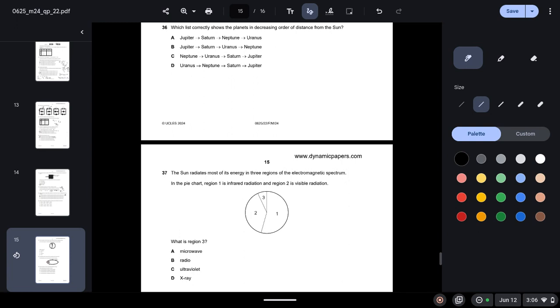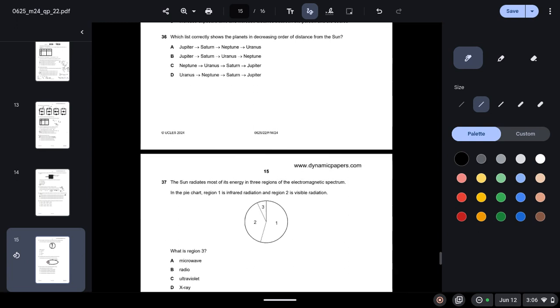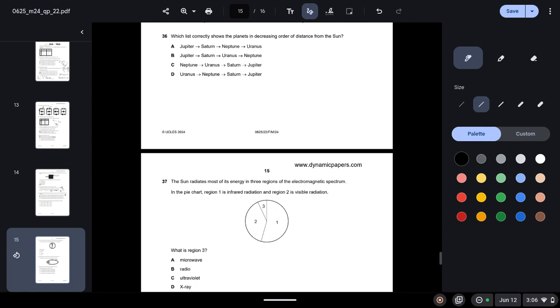Which list correctly shows the planets in decreasing order of distance from the sun? So for this question you must remember the correct order of the planets in our solar system.